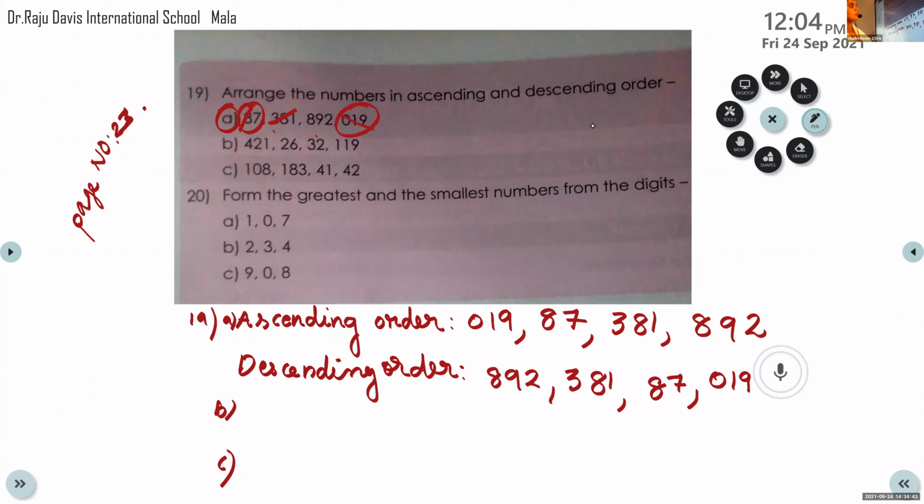Please arrange in ascending and descending order. Both the orders we have to write. Once we have done ascending order, it is very easy to write descending order because it is just the opposite, or if you write in the reverse order, it will be correct.